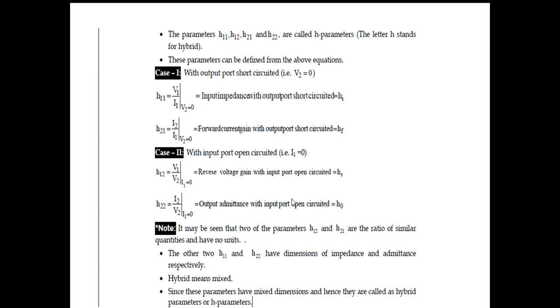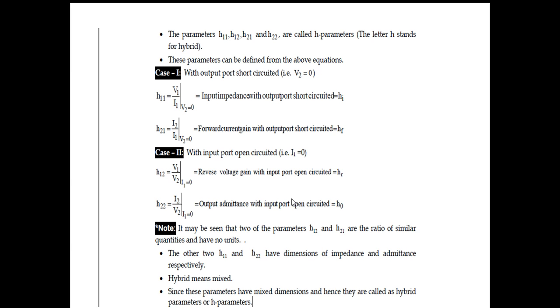For current, the units are amperes, for voltage, the units are volts. Therefore, in the ratio of currents, amperes get cancelled, so there are no units.